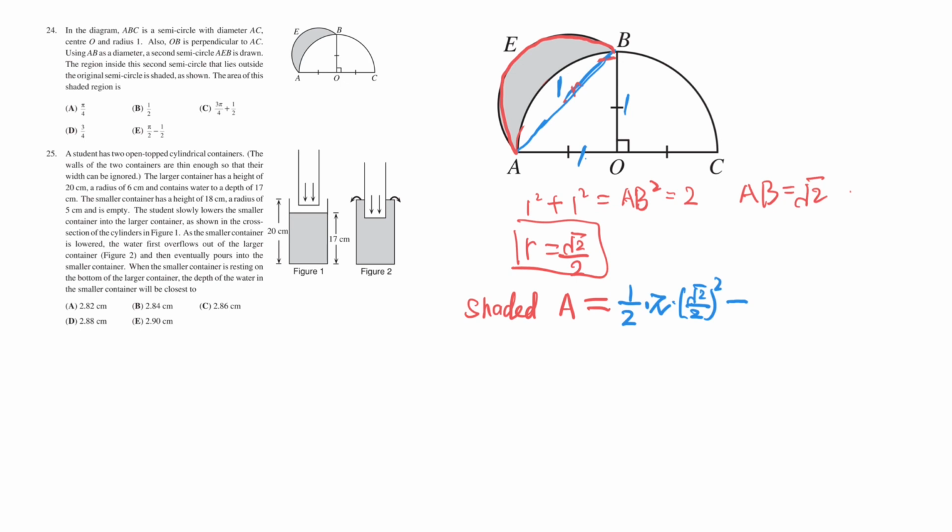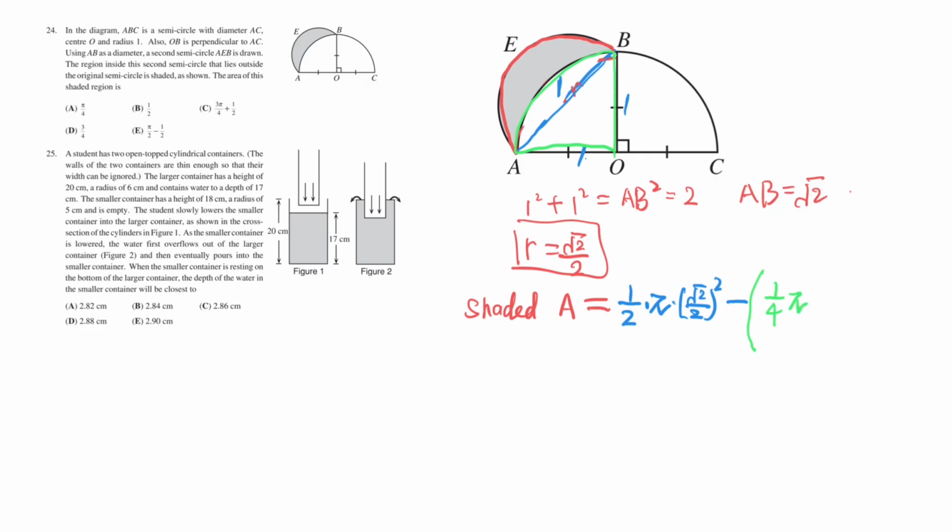What's the region 1 area? Now we use the quarter circle area. The quarter circle is this part. So we use the quarter circle area minus the triangle ABO area, and we get the region 1 area. The quarter circle area is 1/4 of pi r squared.